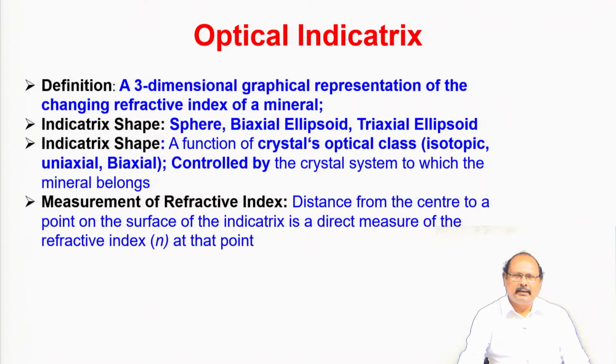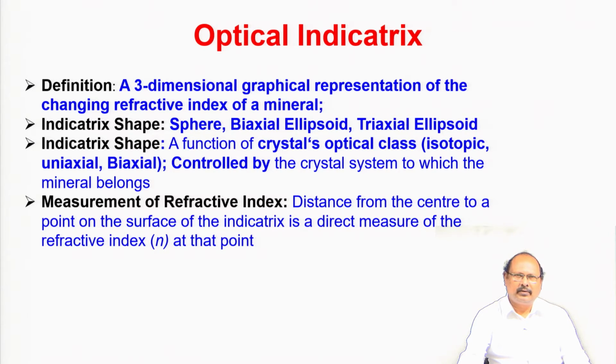Here the refractive index is measured as the distance from the center to a point on the surface of the indicatrix, and this is the value of the refractive index at that point. So, immediately we will be able to understand that this value of refractive index changes in different directions.